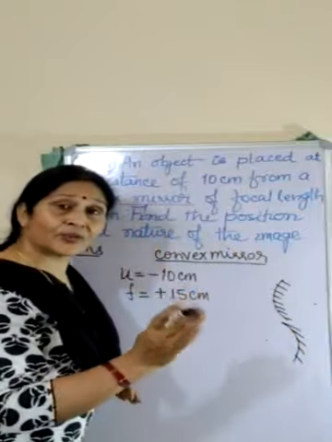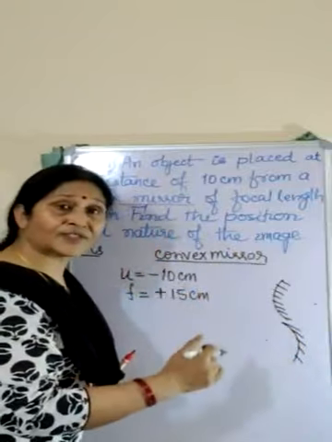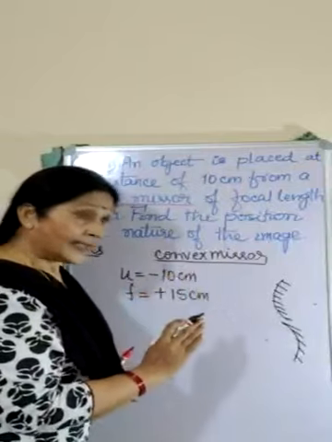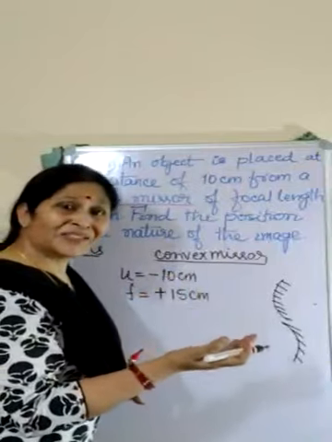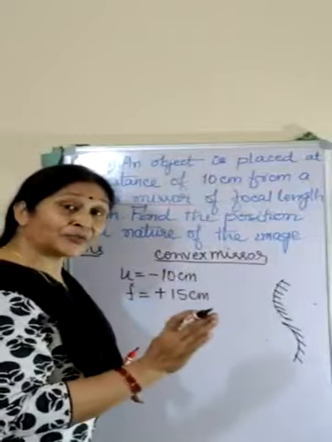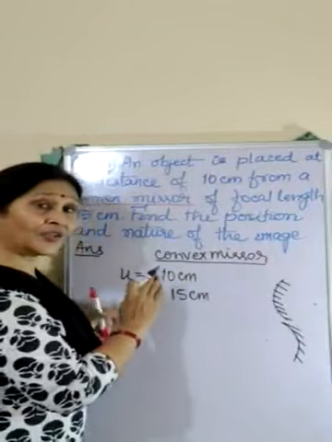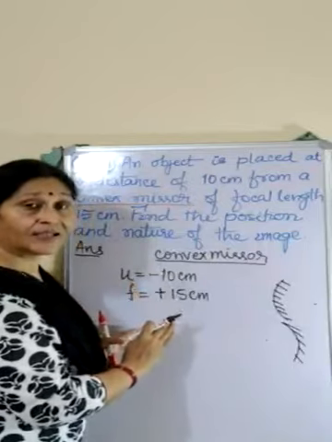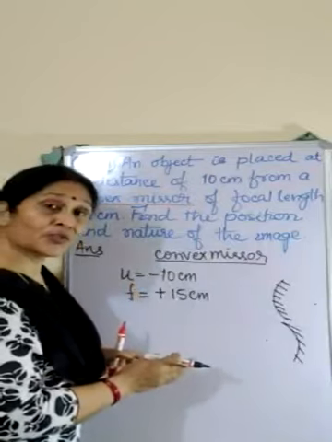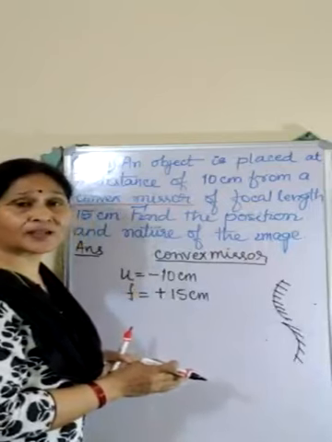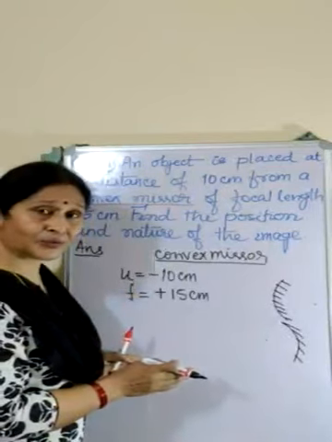Focus is always on the cave side of the mirror. Understood? Therefore, the focal length also will be on the cave side, and according to that you have to put the sign. Once the sign you have given is correct, then your solution will also be correct, because after that you have to do simple addition or subtraction of fractions. Okay, let us see.